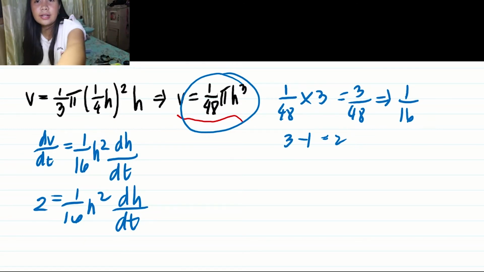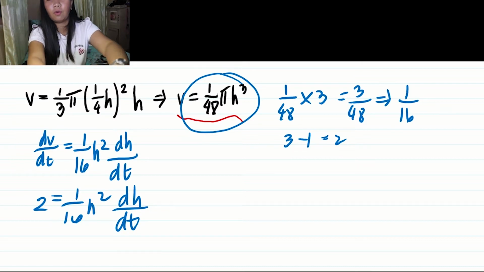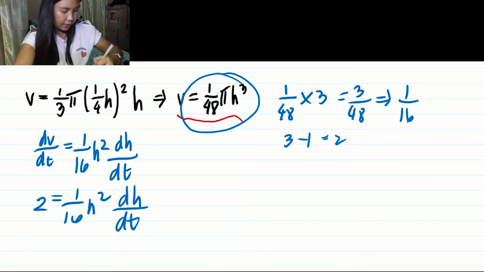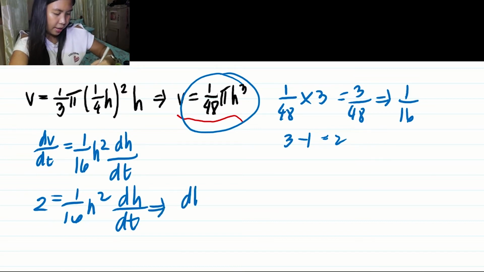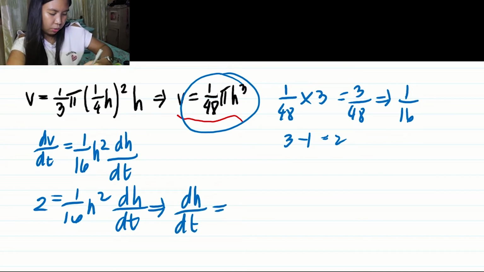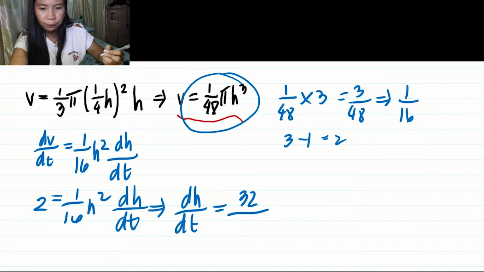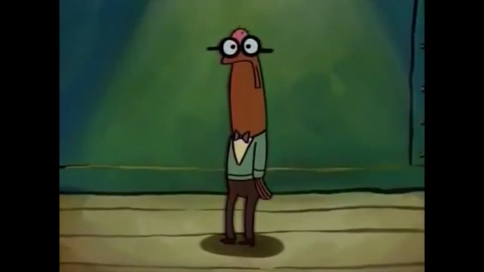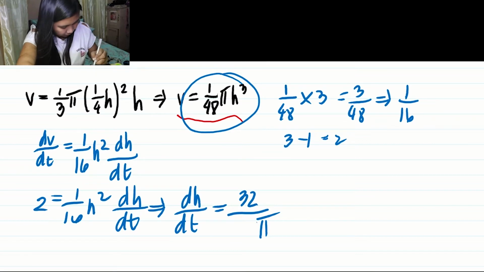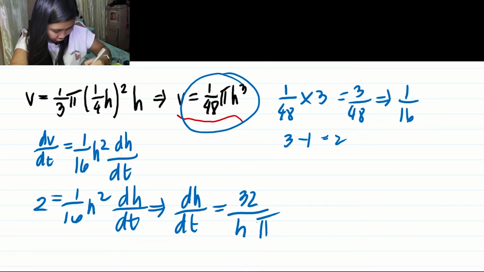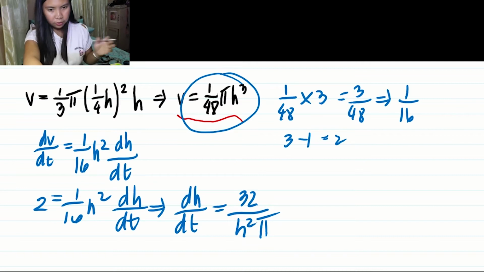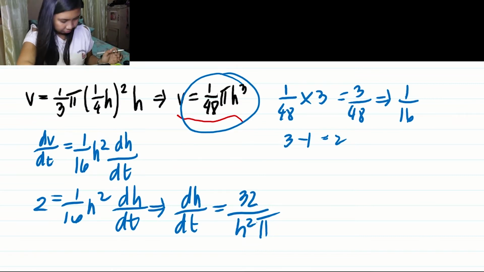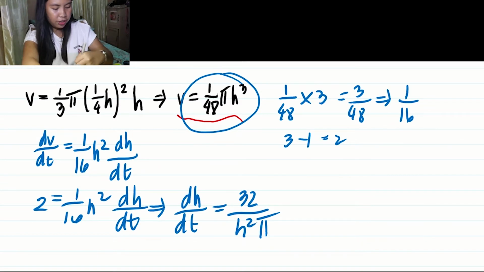The result is dh over dt equals 32 over pi h squared. I'm sorry, I forgot the h. So it is 32 over pi h squared.